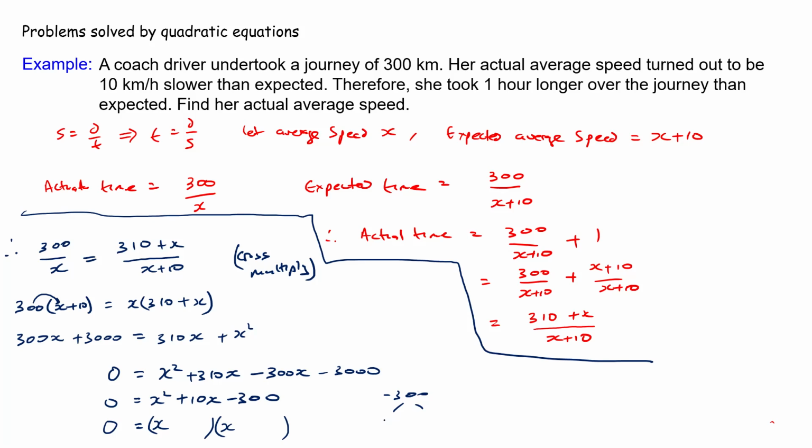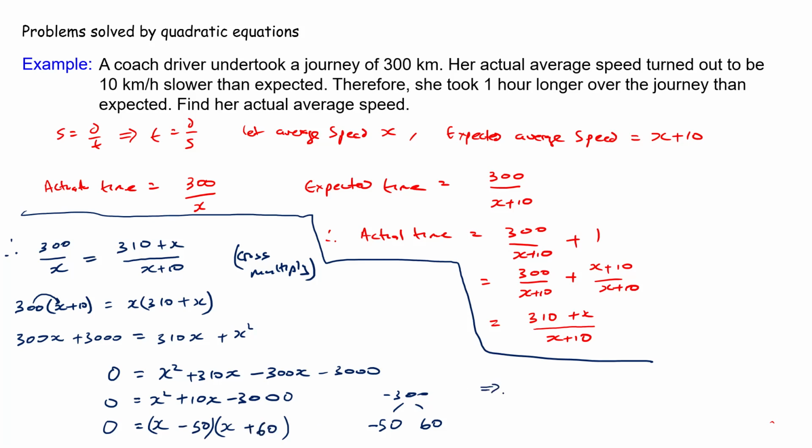What about 50 times 60? 5 times 6 is 30. That's right, it should be 3000. That'll work. One of them's got to be negative though. It's got to be the 50, hasn't it? There we go. So I've got x minus 50 and x plus 60.